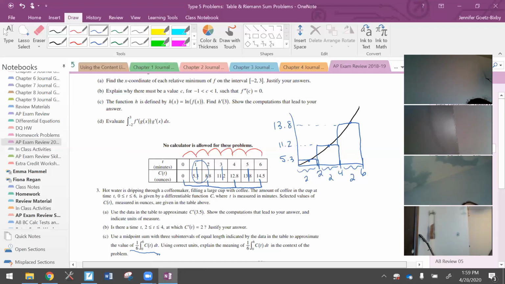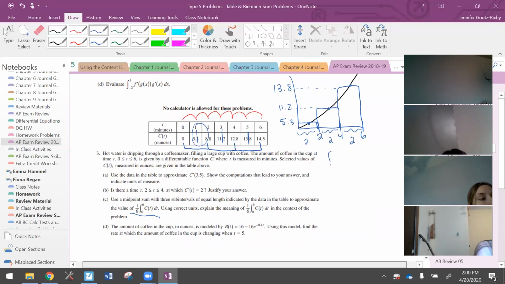Would the unit be something other than ounces? Could it be integral of ounces? Nope, I don't think so, because if you think about it, if I just take my integral, then what I'm really doing is multiplying ounces, which is my height, times minutes, which is my width.